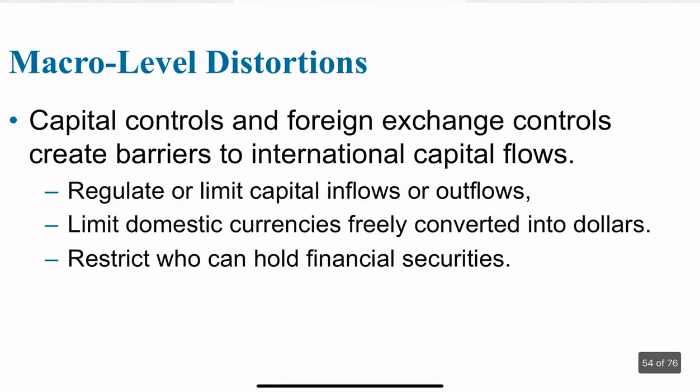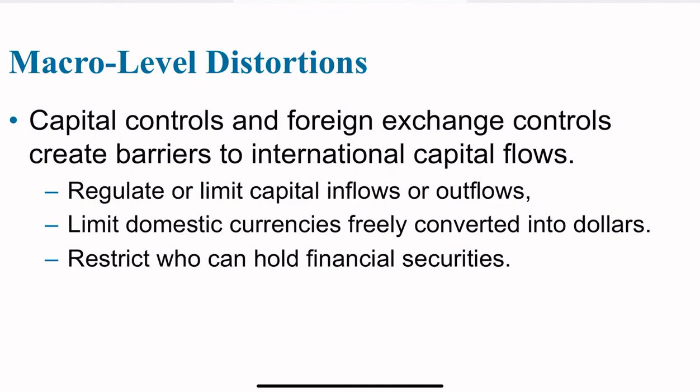Okay, the second reason for the segmented capital markets across countries is this country level distortions. So this is more true in developing countries, because in developing countries, most of these countries have capital controls and they have foreign exchange controls.